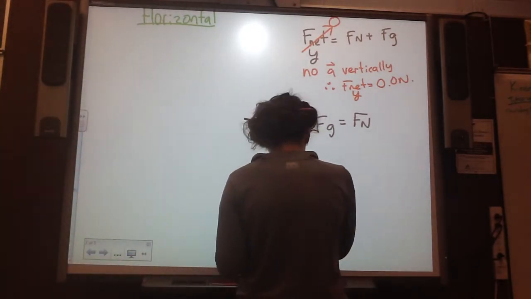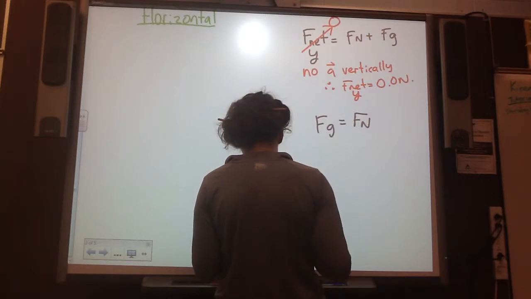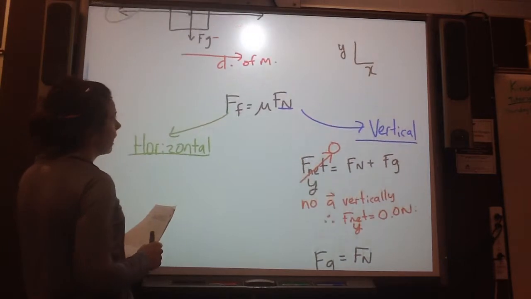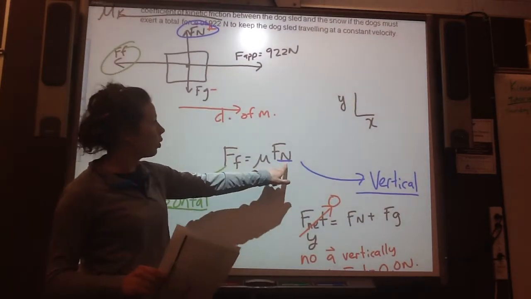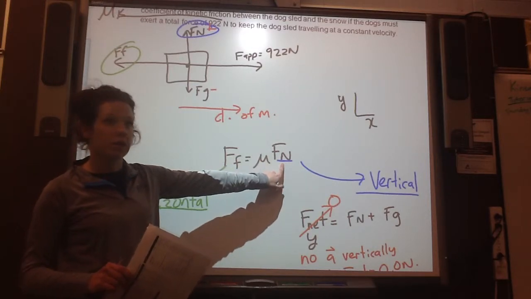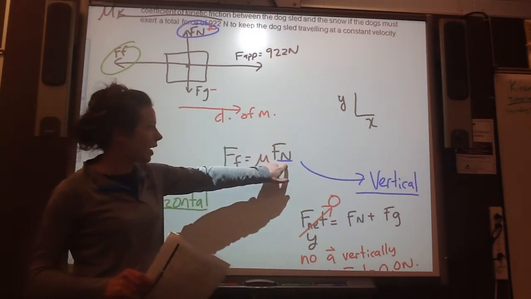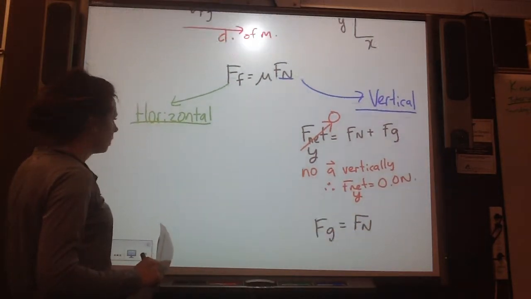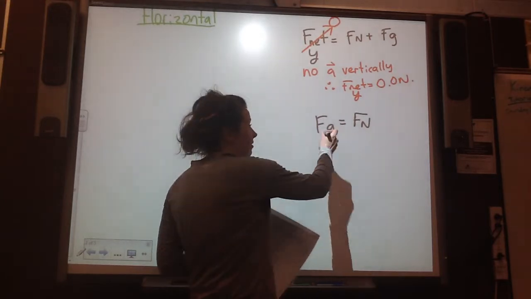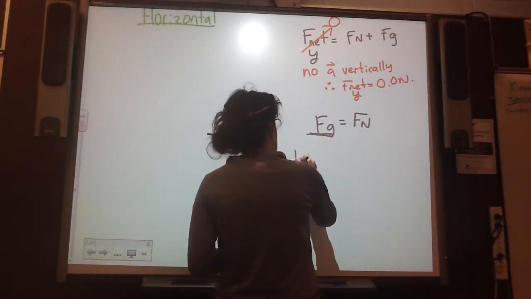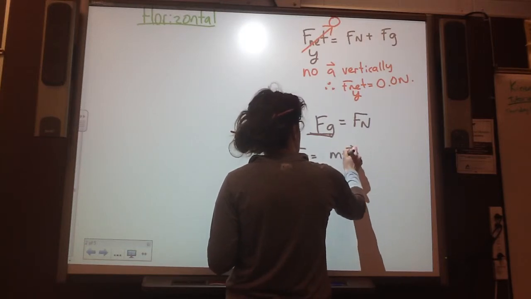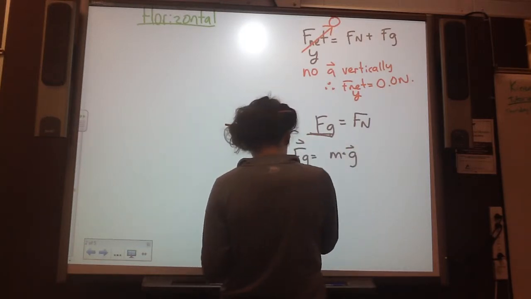So, let's find, we can't calculate Fn, but we can calculate Fg. And I want to find Fn because I need that for my formula. Okay, so overall I need to find Fn, but I can't calculate Fn with anything I'm given, but I can find Fg. So Fg is equal to mass times the acceleration due to gravity.